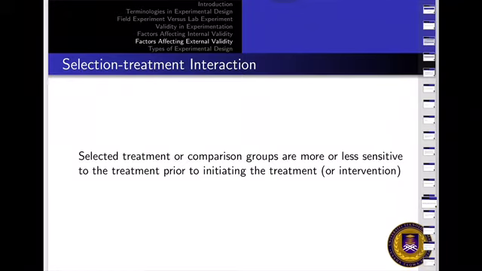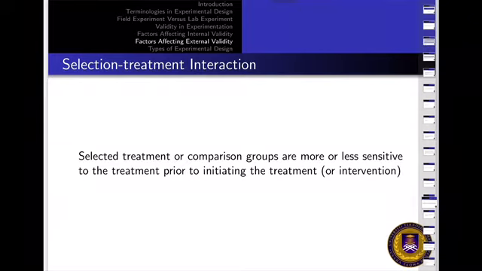Sometimes the group that we choose is either more sensitive or could be less sensitive. Therefore we do not know whether the treatment is truly effective, or whether it is effective because of the intervention.